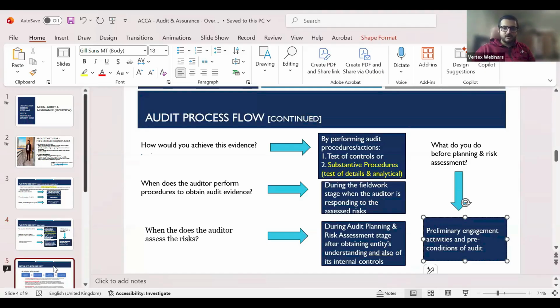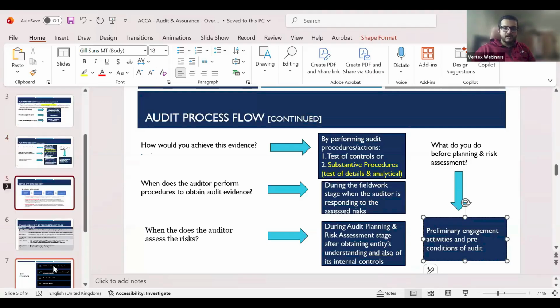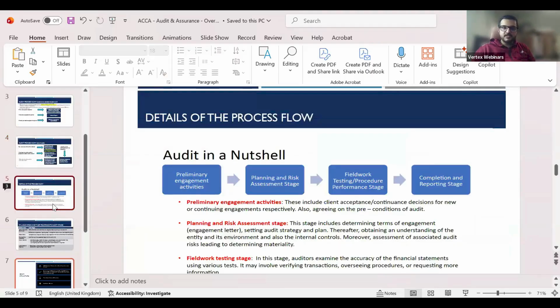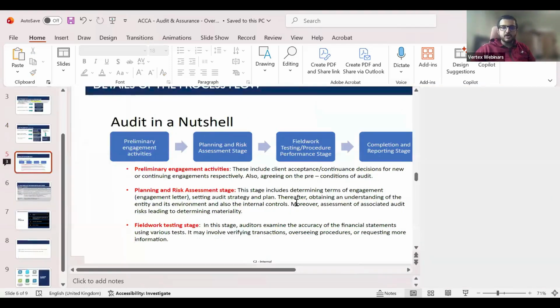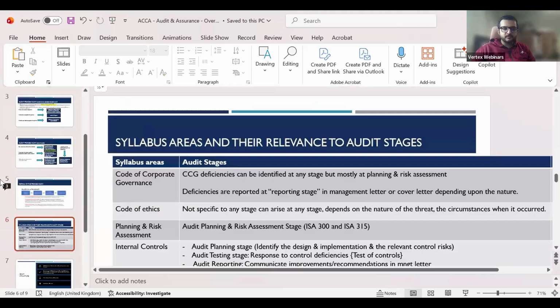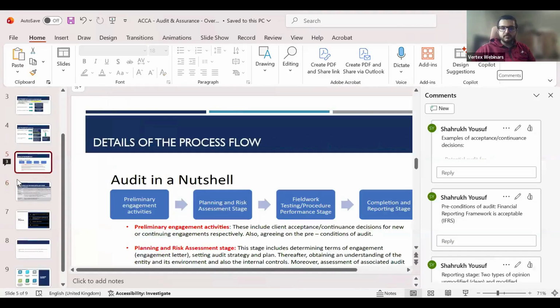Now, literally, guys, this is exactly how your audit looks like in real life. And this is exactly how your syllabus also looks like.